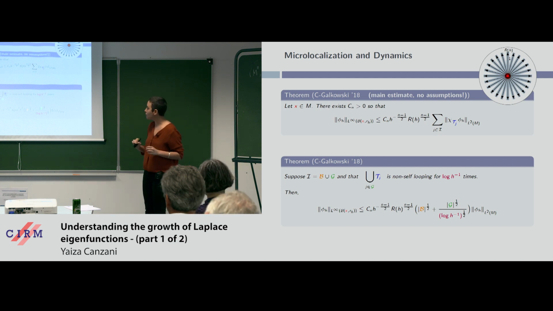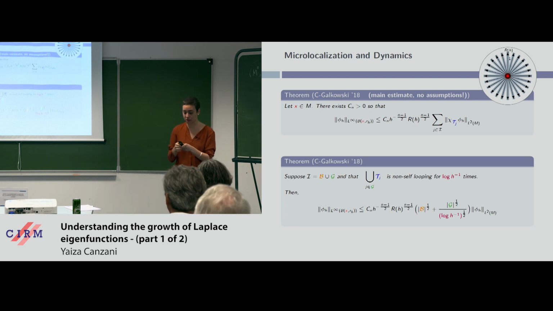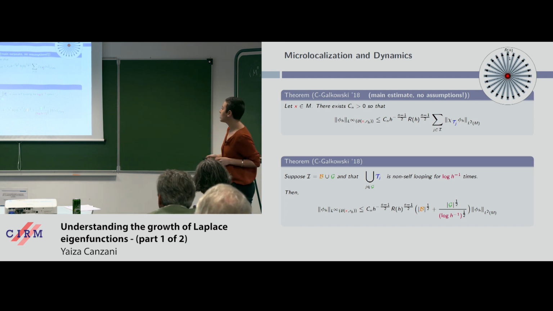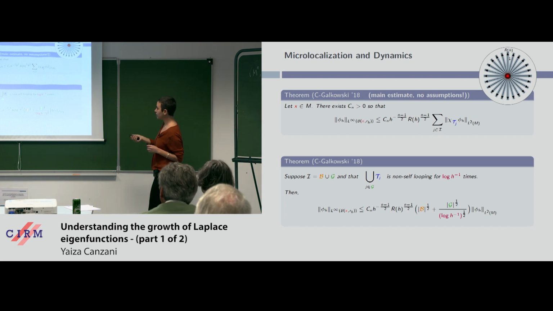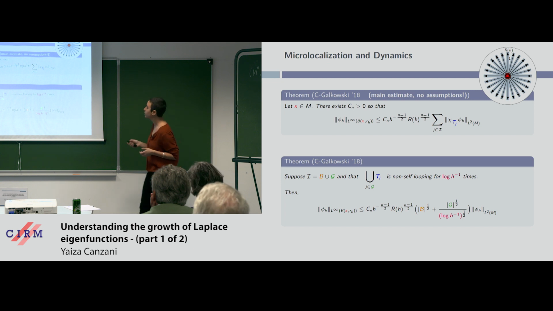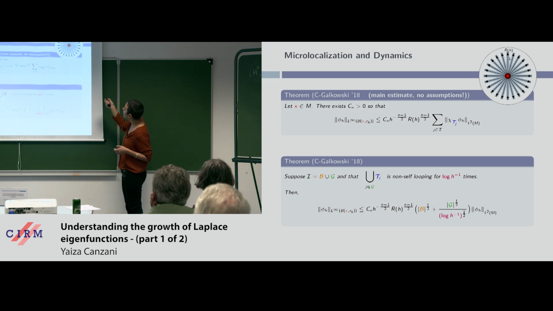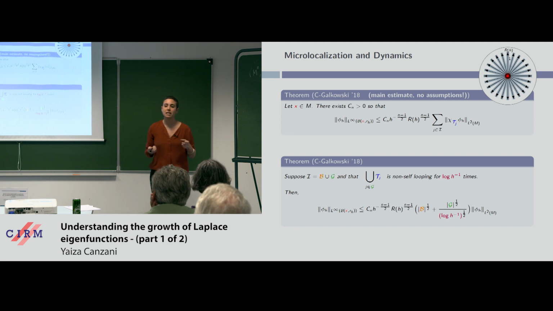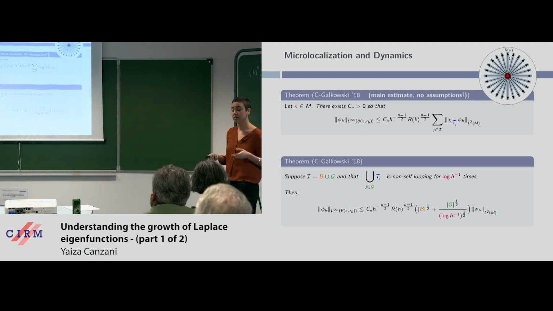But what I'm going to do in this slide is just to give you a nice picture of why it is that they work. The way in which you should think of this second result is in terms of volumes of the set of good directions and bad directions. Remember that I was telling you in the previous slide that the volume of a single tube is r to the power of n minus 1.